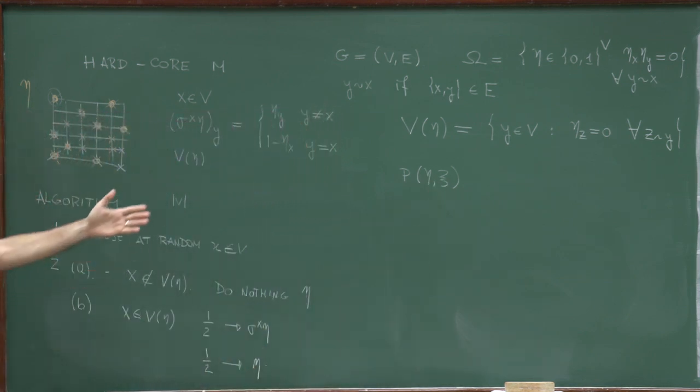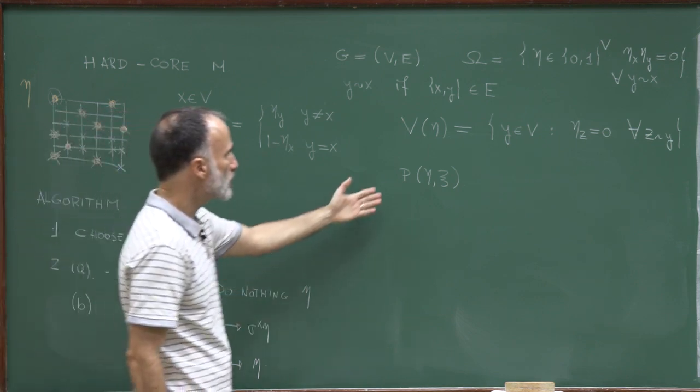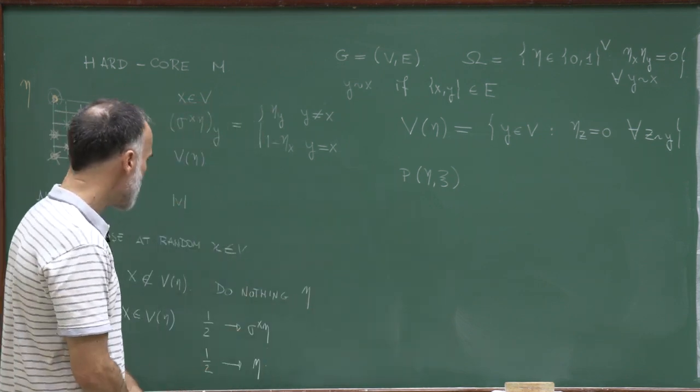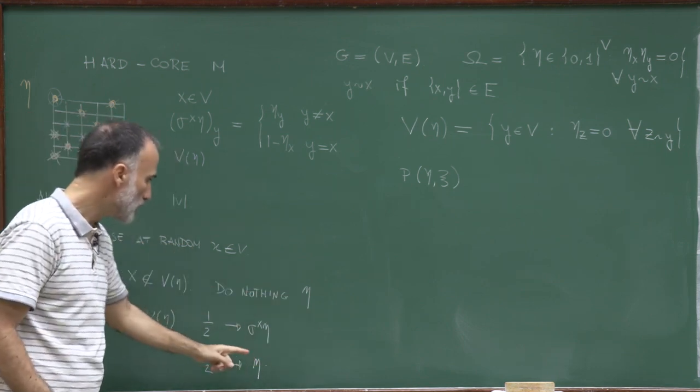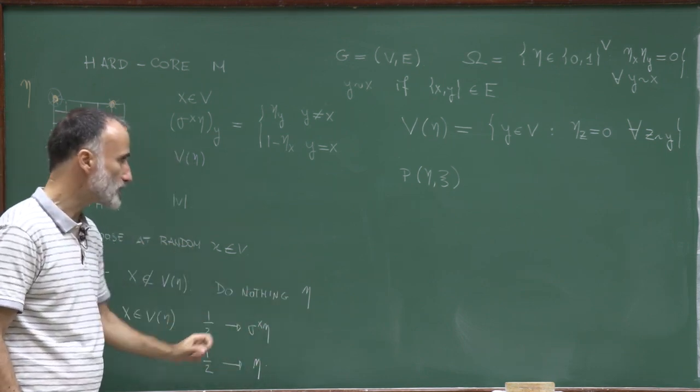I will just translate this algorithm in terms of this probability. The first thing I observe is that I never change the configuration in more than one site. I never change simultaneously 2 sites or 3 sites. From eta, either I keep eta or I change eta at one site.